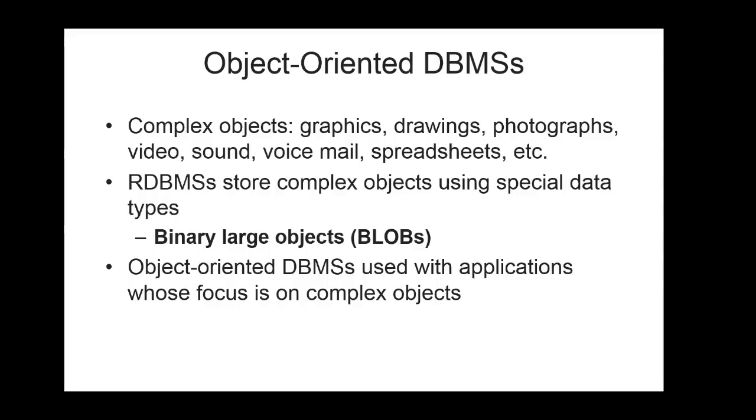The last thing that we are going to talk about is object-oriented database management systems. Normally, organizations use relational databases to store and access data consisting of text and numbers. Additionally, some organizations store and access graphics, drawings, photographs, video, sound, voicemail, spreadsheets, and other complex objects in their databases.